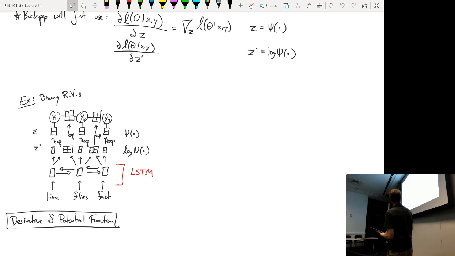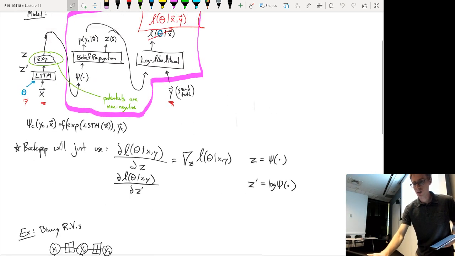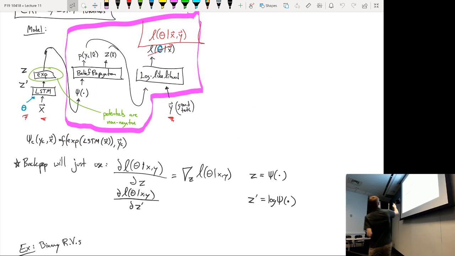Okay, so once we have this notion of the LSTM output giving us values for factors, now we can go back up to our first picture. In our first picture, the values of those factors are right here.